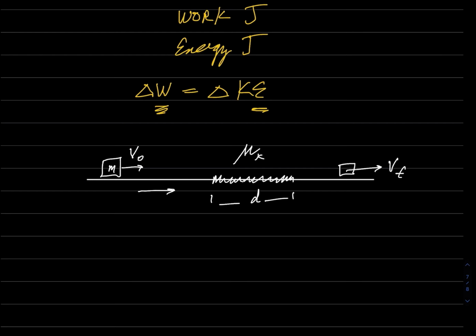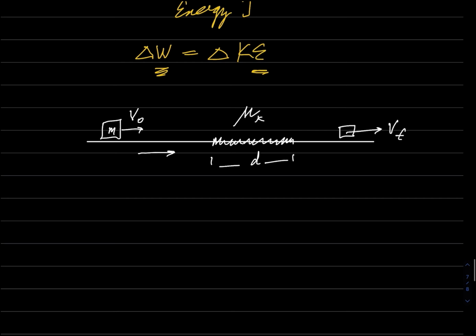Well, what's going to happen? As it traverses this distance, friction is going to apply a force on the mass opposing its velocity, and that force times the distance is the work that friction does on the mass. And that work will eat away at the energy of the mass. And where will that energy go?